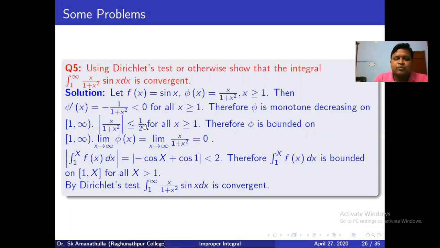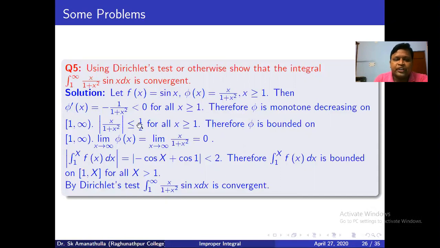So phi(x) is monotonic decreasing on 1 to infinity. Also, modulus of x by 1 plus x square is less than or equal to half for all x greater than or equal to 1. Therefore phi(x) is bounded on 1 to infinity, and this limit is 0. So all the conditions of Dirichlet's test are satisfied by the function phi(x).